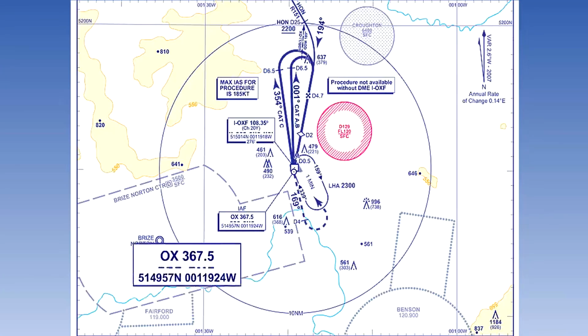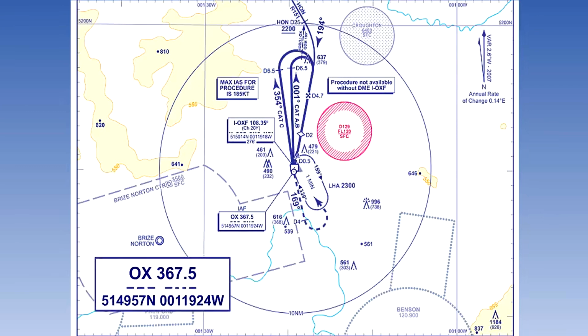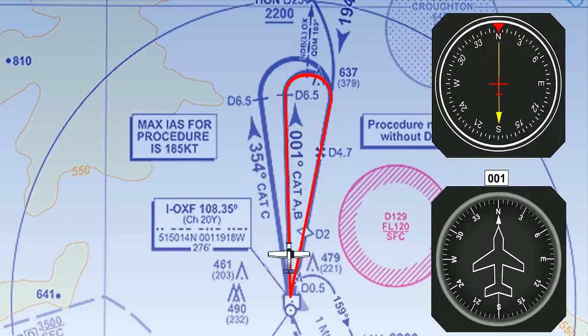Let's look at the approach chart for Oxford, runway 19. Central to the procedure is the NDB. A small aircraft tracks outbound on a heading of 001 degrees from the beacon, which means that the ADF needlehead, which always points to the beacon, is on the reciprocal of 001 degrees, which is 181 degrees behind you.